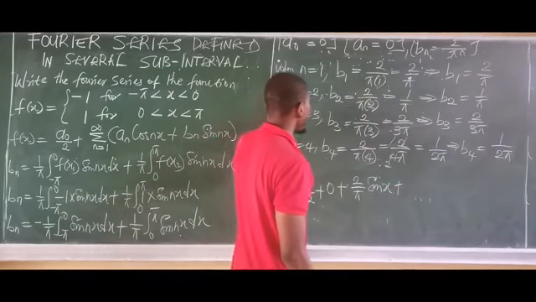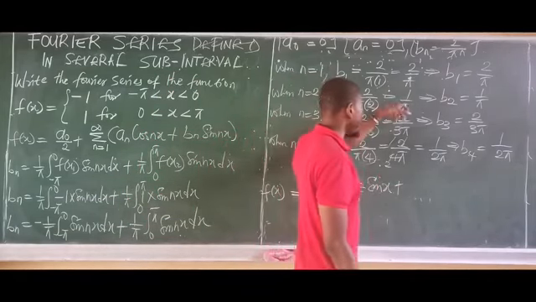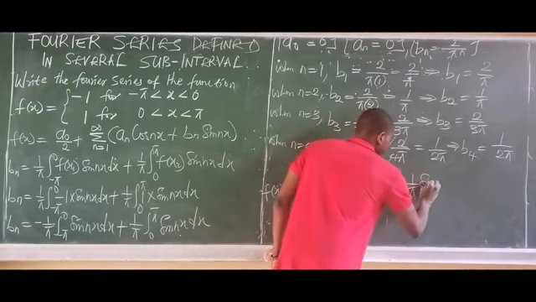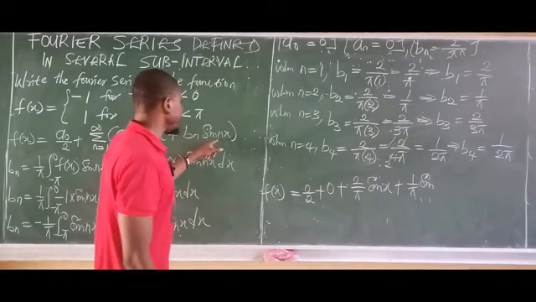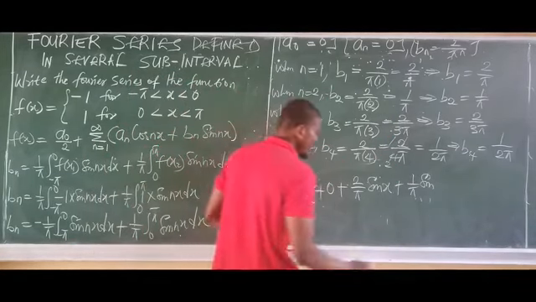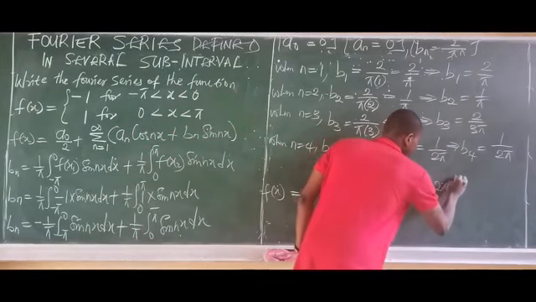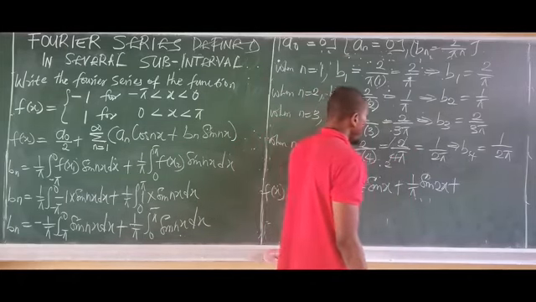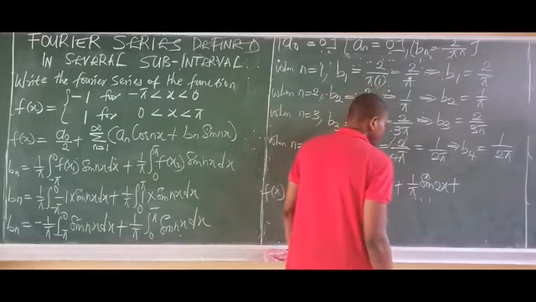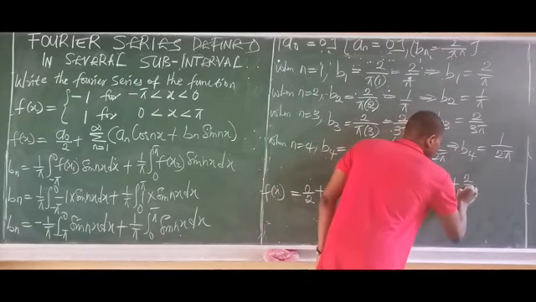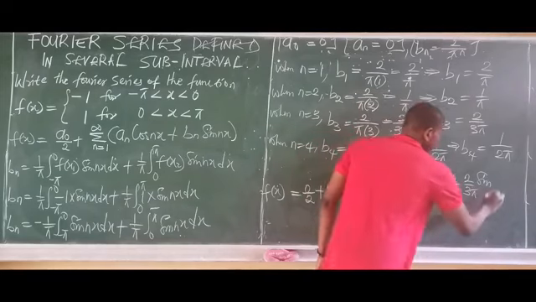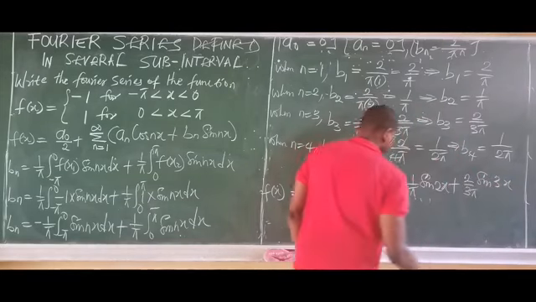Plus we considered when n is 2, and we obtained B2 as 1 all over pi. So we have 1 all over pi sine, always multiplied by sine nx. N now is 2, it becomes sine 2x. Plus again we consider B3 when n is 3, and we have 2 all over 3 pi, sine 3x.